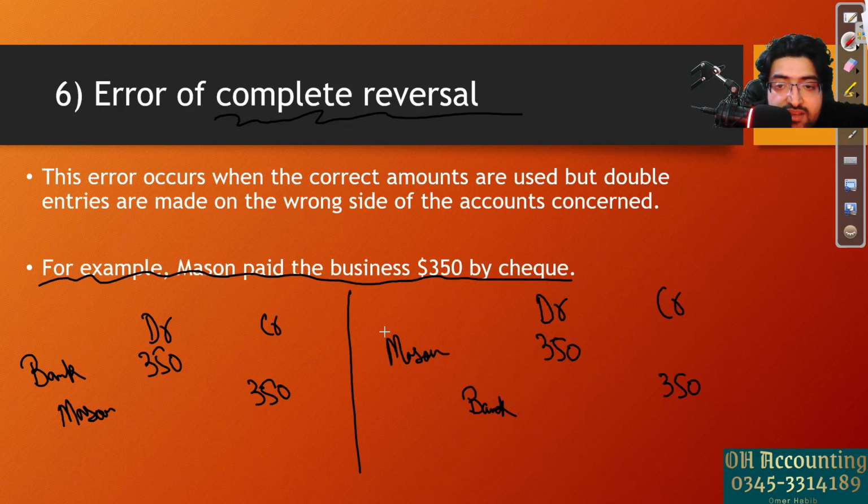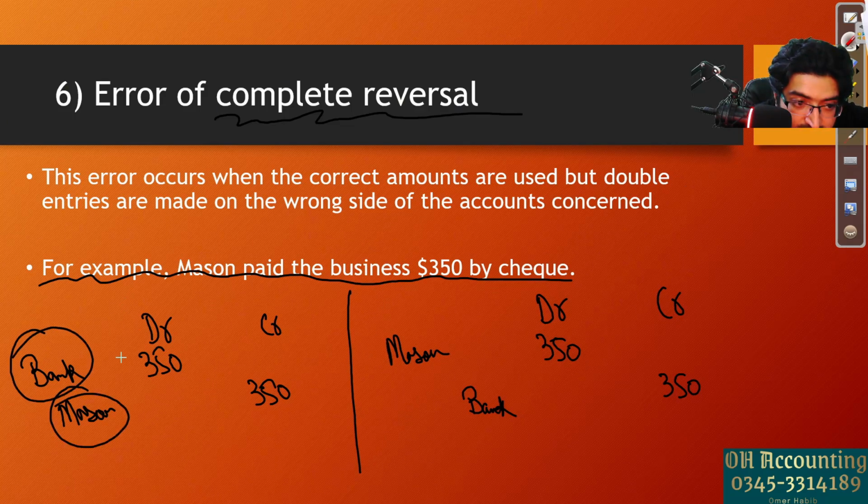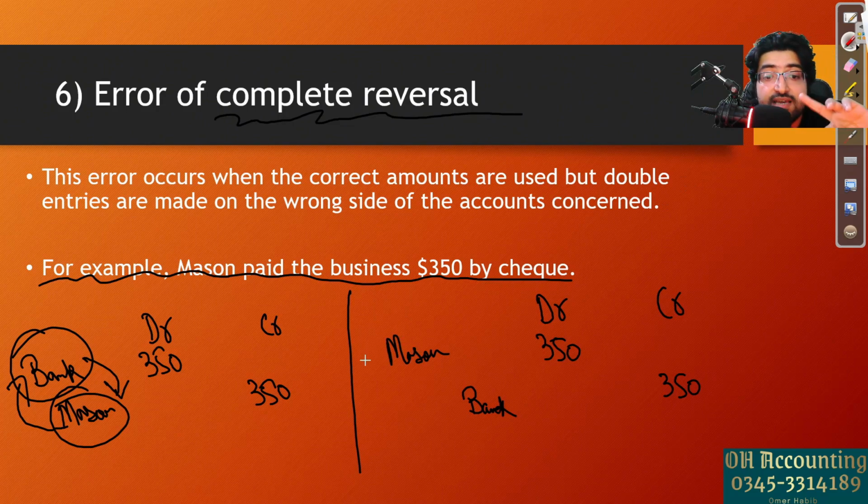This is called error of complete reversal. We have messed up the accounts. We have switched the accounts. The debit account has been credited and the credit account has been debited.